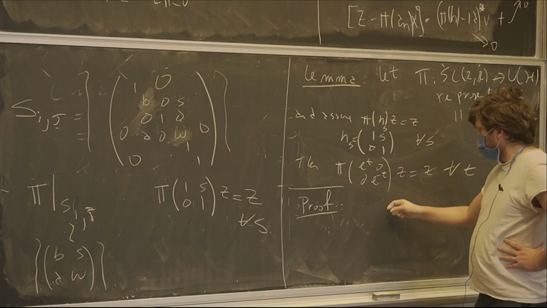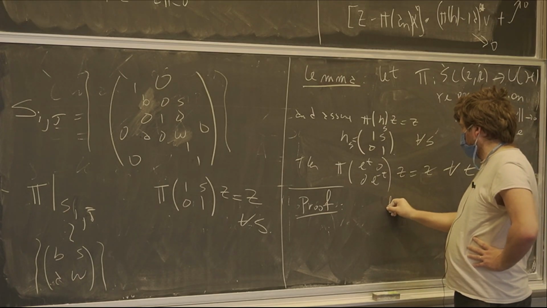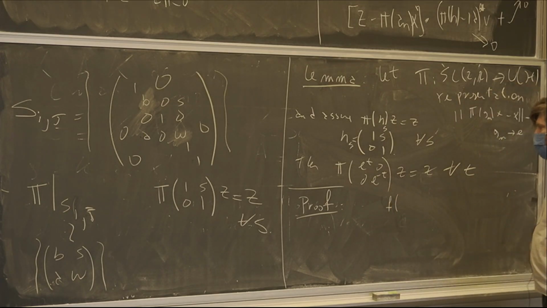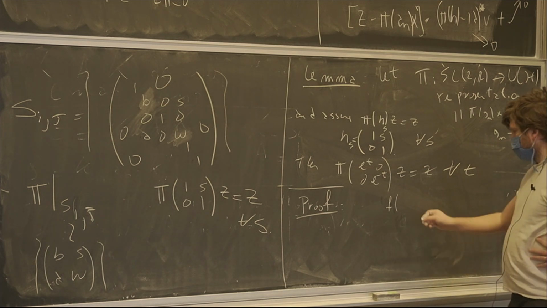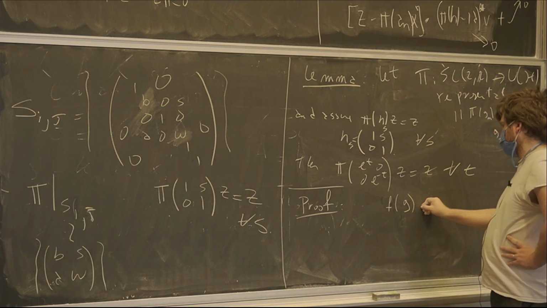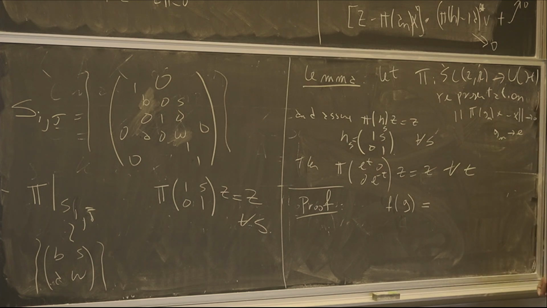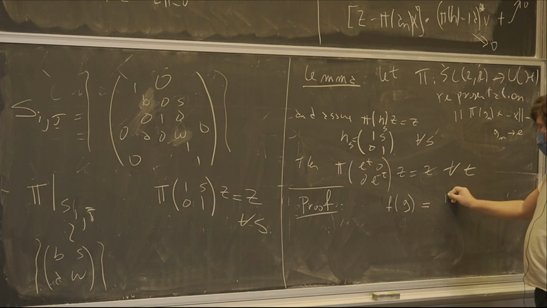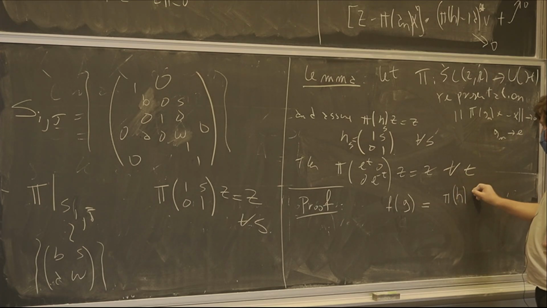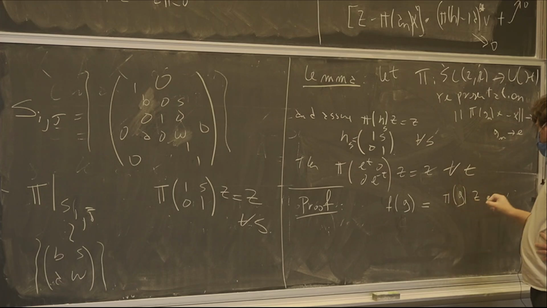You define your function f of g as being pi of h of z, pi of g dot z.